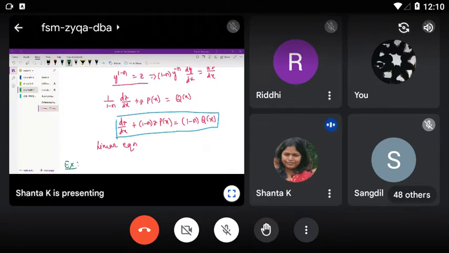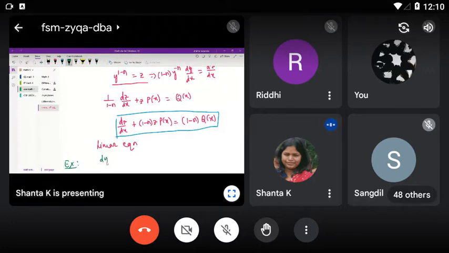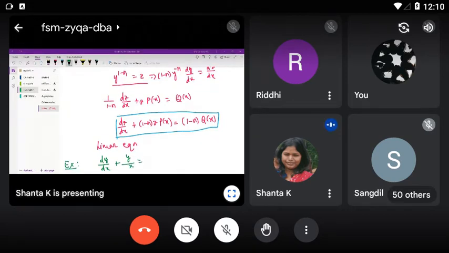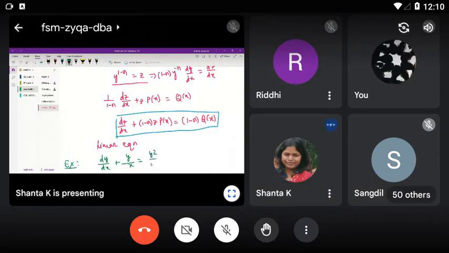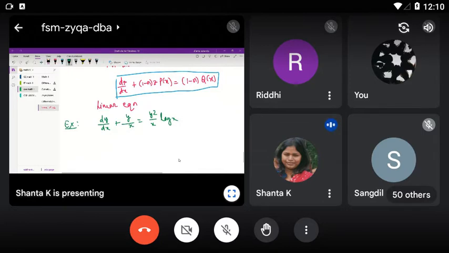So dy by dx plus y by x equals y square by x log x. So what we will do here, we will divide by y square on both sides.